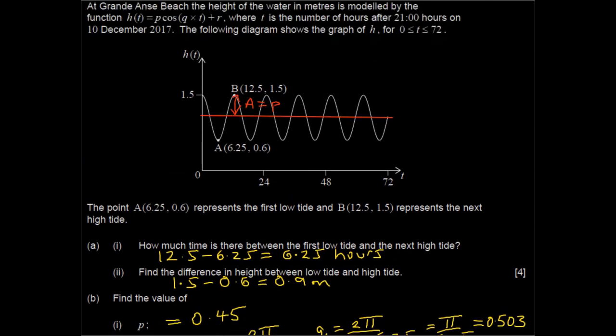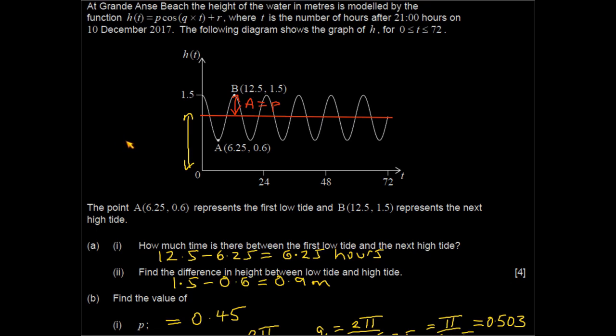Okay, next it's r. So if we go back to the function again, r is going to be the vertical translation. If this was a regular cosine wave, this red line that I've drawn here would be at 0. So it's the vertical shift from 0 to where this is here. So this value, instead of being at 0, is shifted up a certain amount. And the amount it's shifted up is going to be 0.6 plus the amplitude, or it's going to be 1.5 minus p.